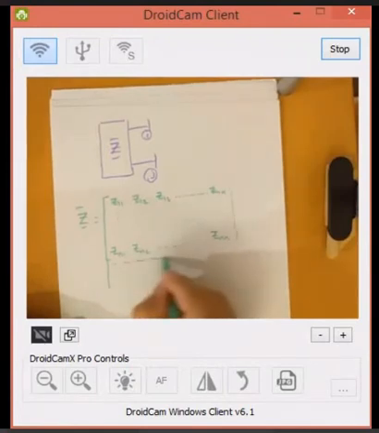Suppose I add a new bus, so the buses become n plus 1. Call it bus m.